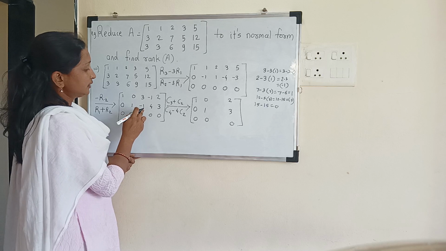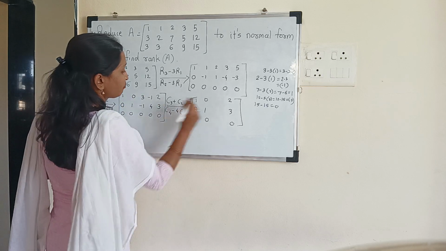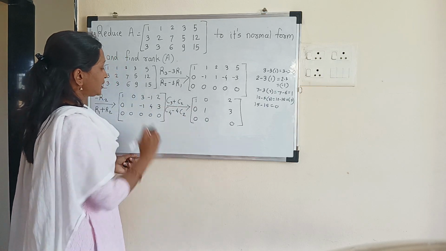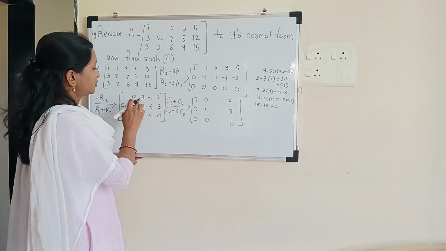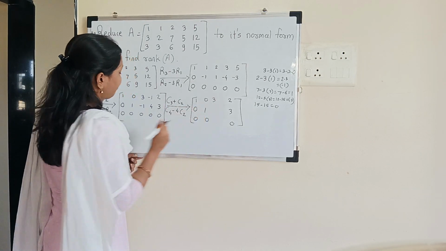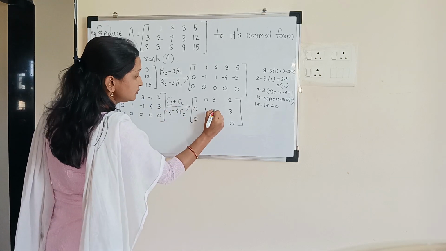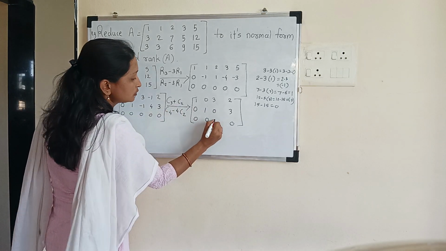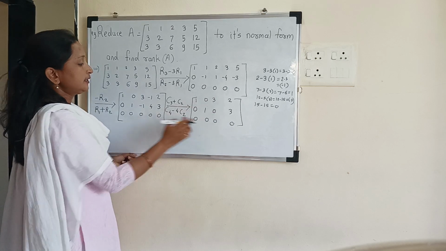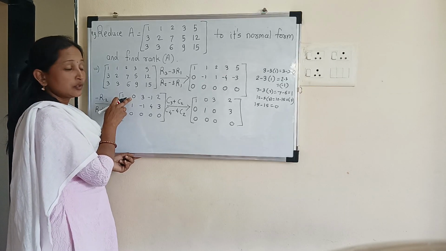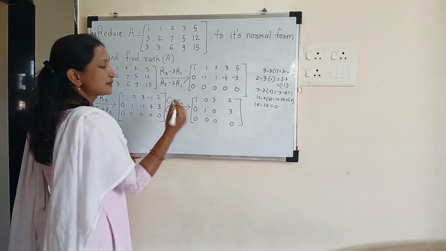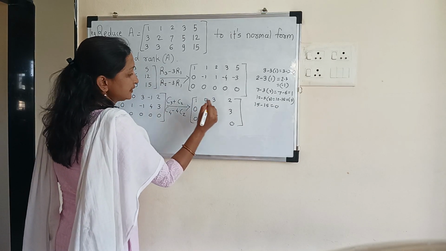So 1 minus 1, 0 plus 3, C3 plus C2. You are changing the third column, you are adding the second column to the third column. So 3 plus 0, 3. Minus 1 plus 1, 0. 0 plus 0, 0. Now the fourth column is minus 1 minus 4 times 0.